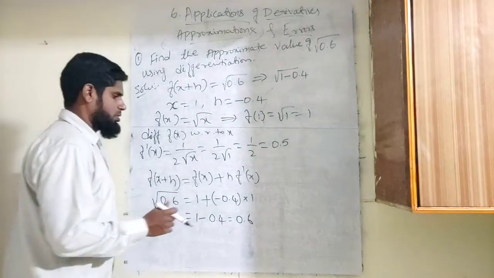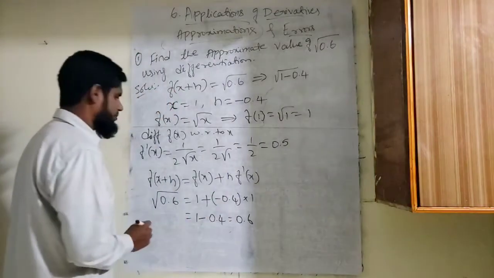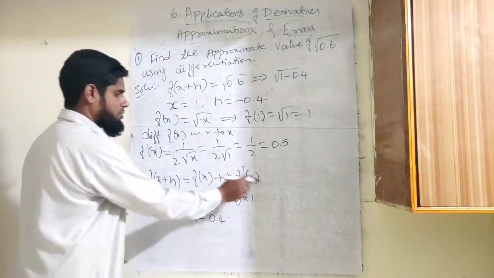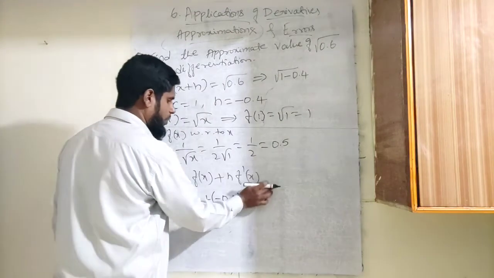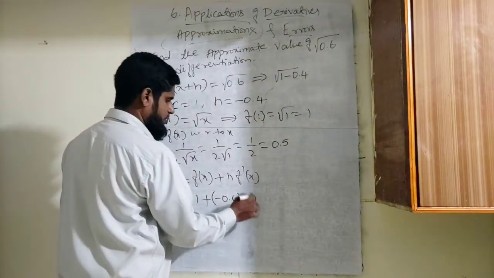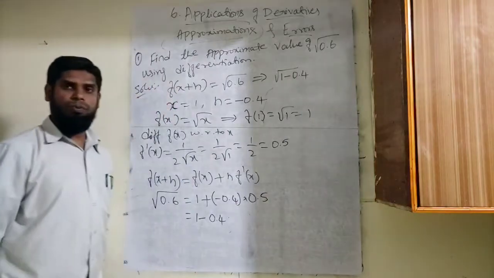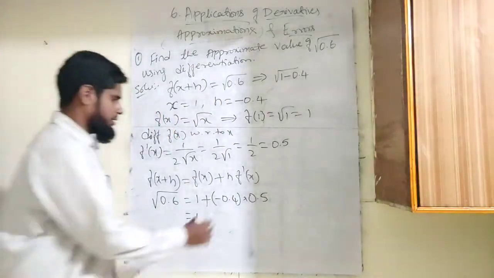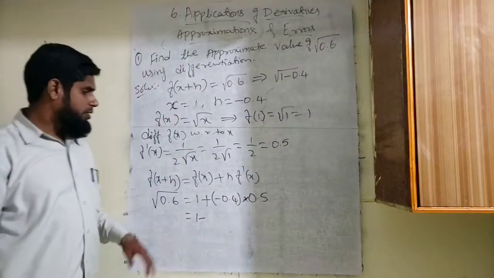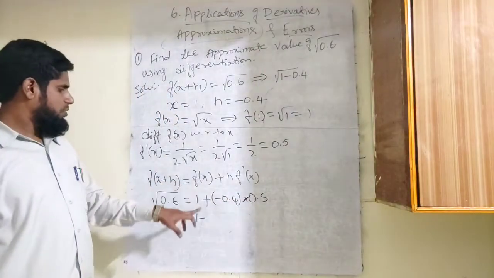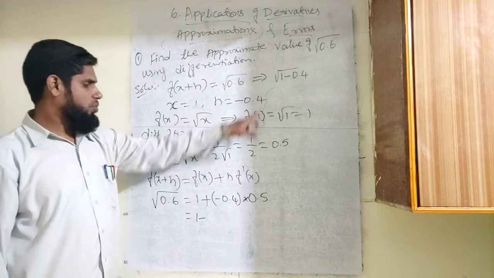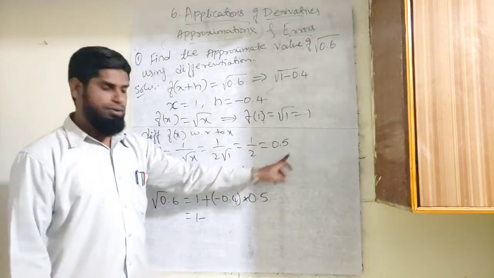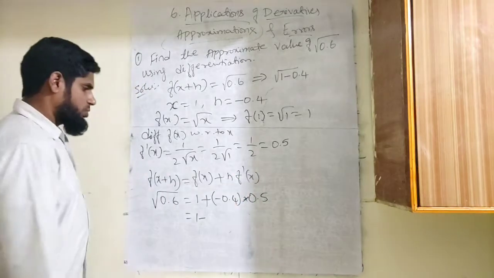Sorry students, I made a mistake here. Our derivative at x is equal to 1 is 0.5, sorry. So here f of x is 1, h is minus 0.4, and our f dash of x is 0.5. So how much is it?